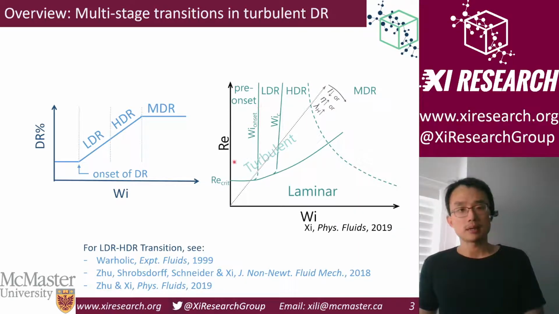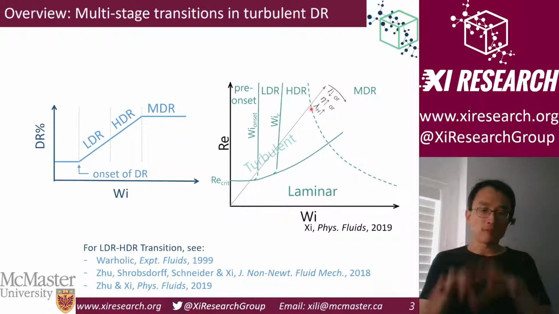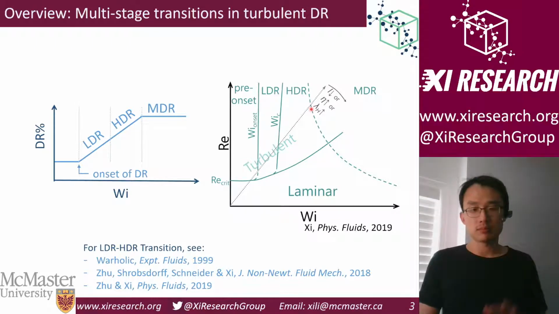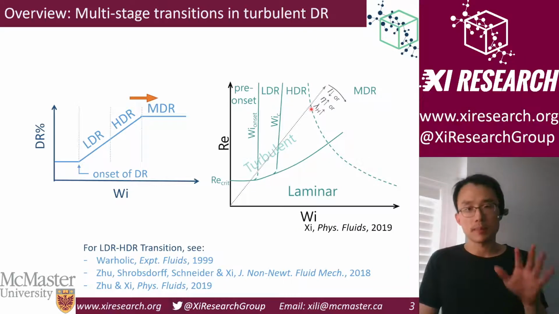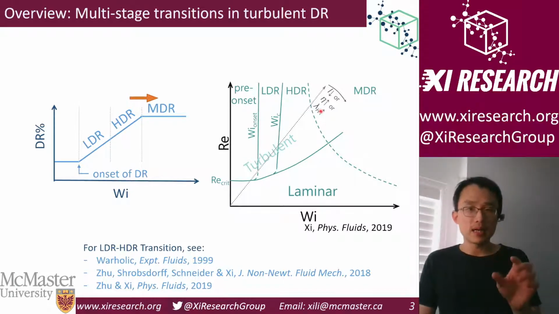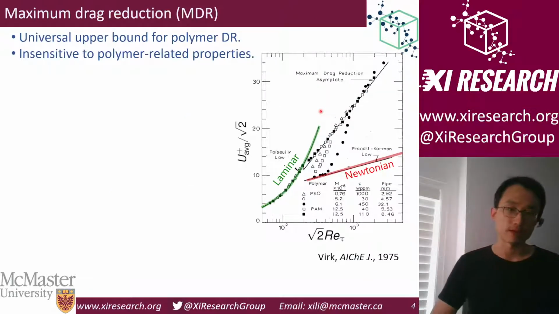In experiments, we typically have to adjust Reynolds number and Weissenberg number simultaneously to keep them in proportion to each other. So you'll be sampling the space in this direction, but you'll basically see the exact same sequence of transitions. For the limited time I have here, I will spend most of the talk on the convergence to maximum drag reduction. Therefore, I'll spend a little bit more time to explain the maximum drag reduction phenomena.